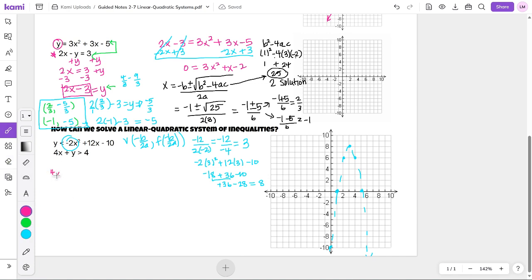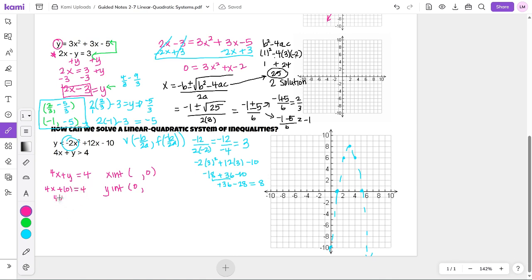And then I am going to quick graph the line. So I'm going to think about 4x plus y equals 4, and I'm going to find the x-intercept by plugging in 0 for y, and I'm going to find the y-intercept by plugging in 0 for x. So when I plug in 0 for y, for my x-intercept, 4x plus 0 equals 4.